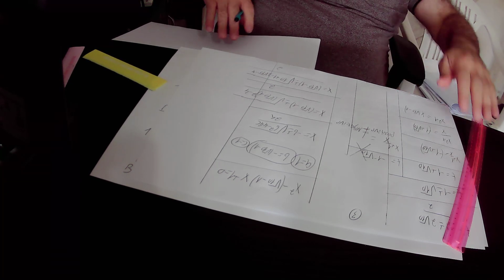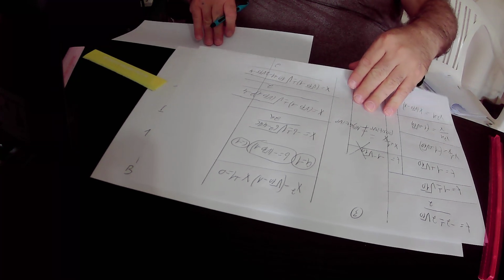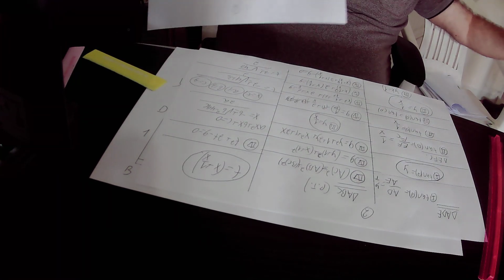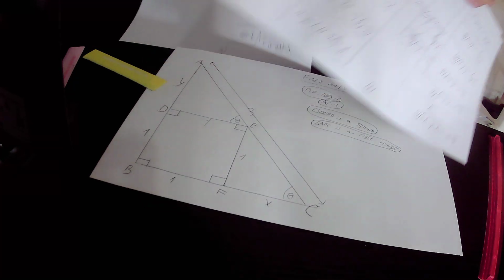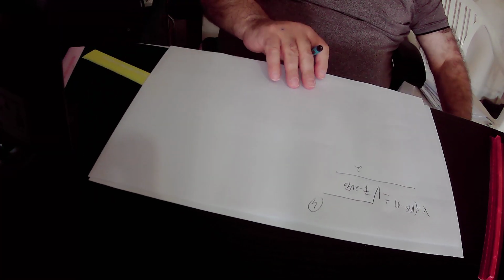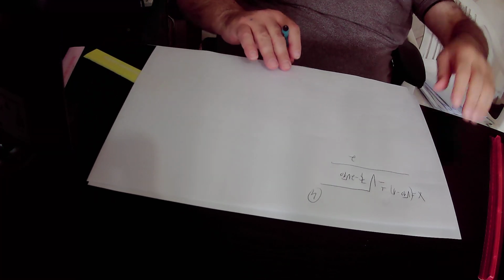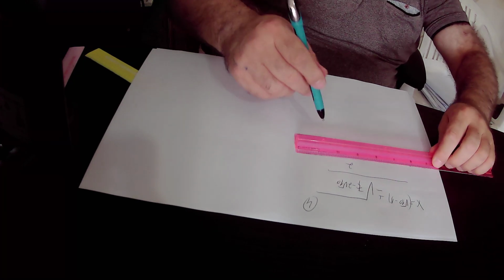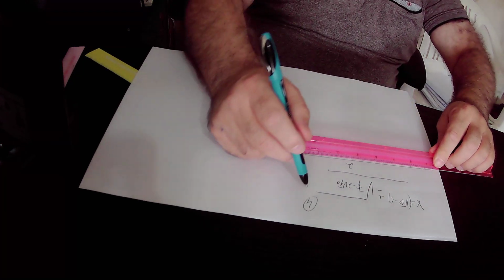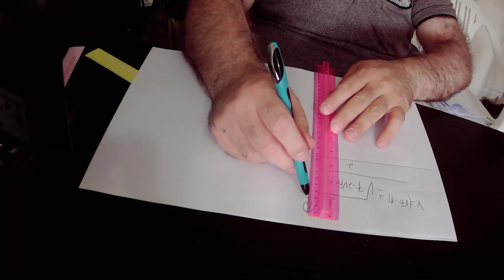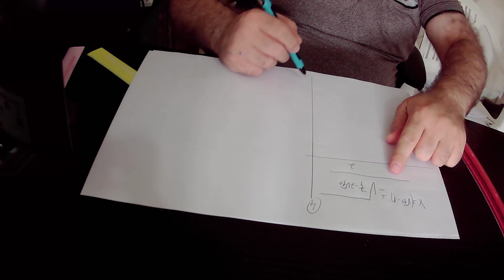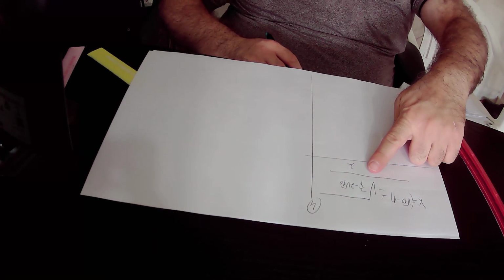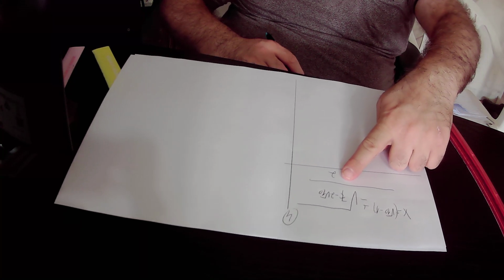So we actually got here two solutions for x: x equals the square root of 10 minus 1 plus or minus the square root of 7 minus 2 times the square root of 10.